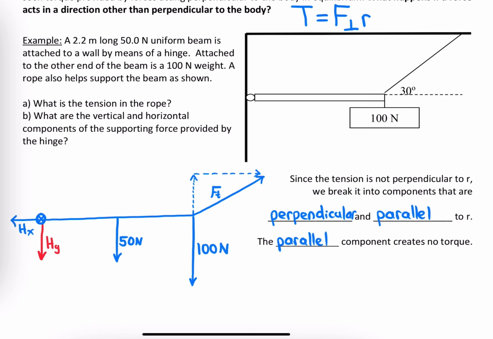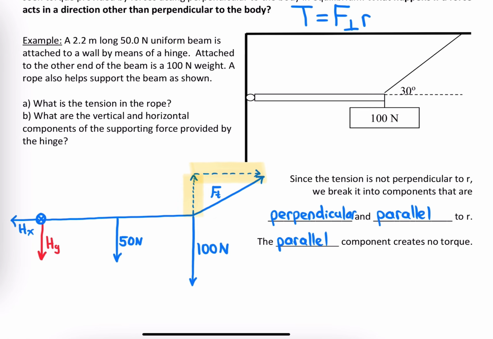Now, one thing I want to point out is when we have this situation, where we had this force, Ft, that wasn't perpendicular to its distance from the hinge, we want to split it into components that are perpendicular and parallel to R. In this particular situation, that meant having one component in the vertical direction and one that was horizontal. That seems very familiar. We're very used to breaking things into X and Y components, but it doesn't have to be X and Y components.